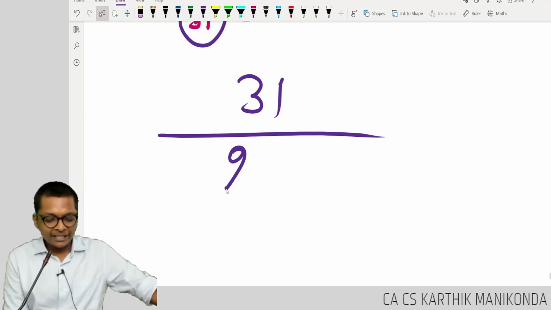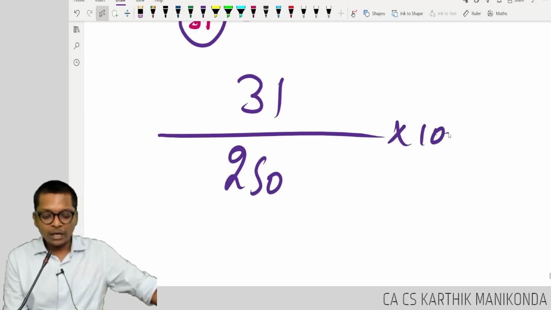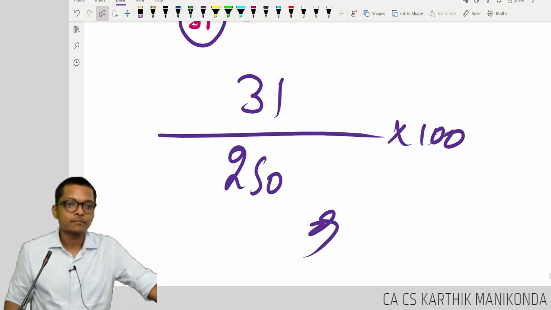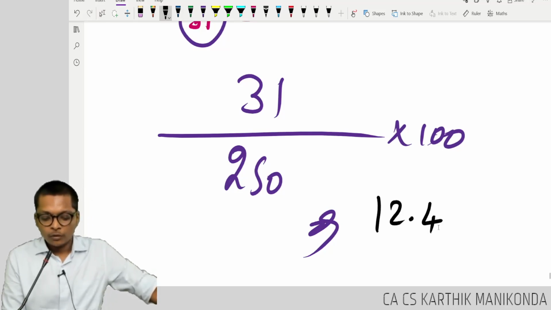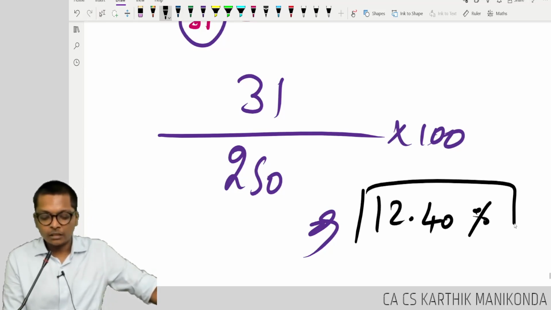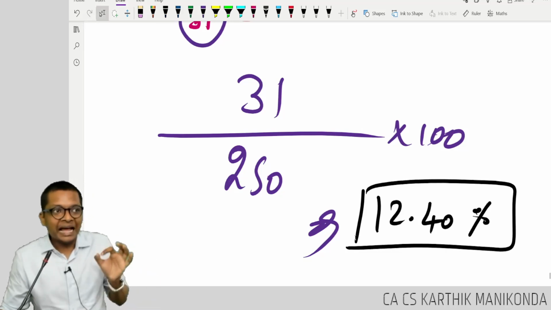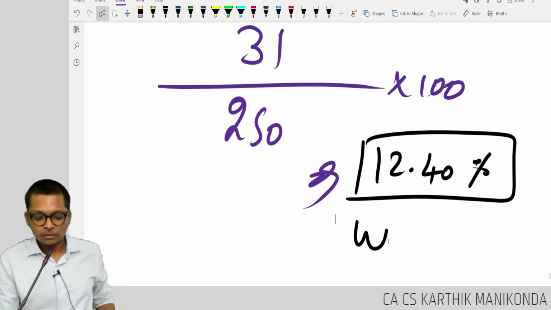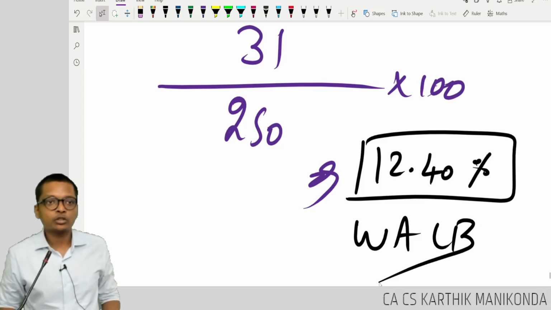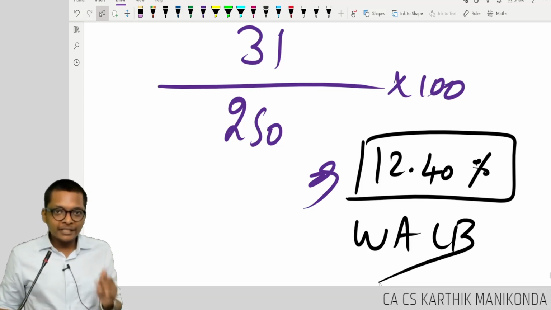So my total interest is 31 into 100 over 250. How much are you getting? Average 12.40%. Correct? So this is called average cost of borrowing, or in other words, weighted average cost of borrowing.